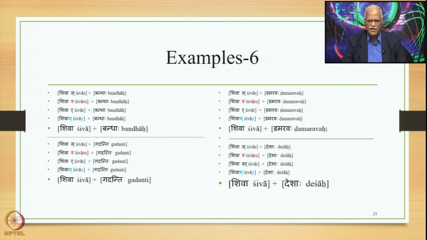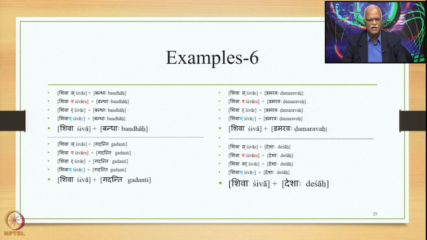Shivas plus Gadanti is the next example where Sa is followed by Ga, that is Hush, and so we get the same process applied and the finally derived form is Shiva Gadanti. Then we have Shivas plus Damaravaha and the same process happens and then we get Shiva plus Damaravaha as the finally derived form.